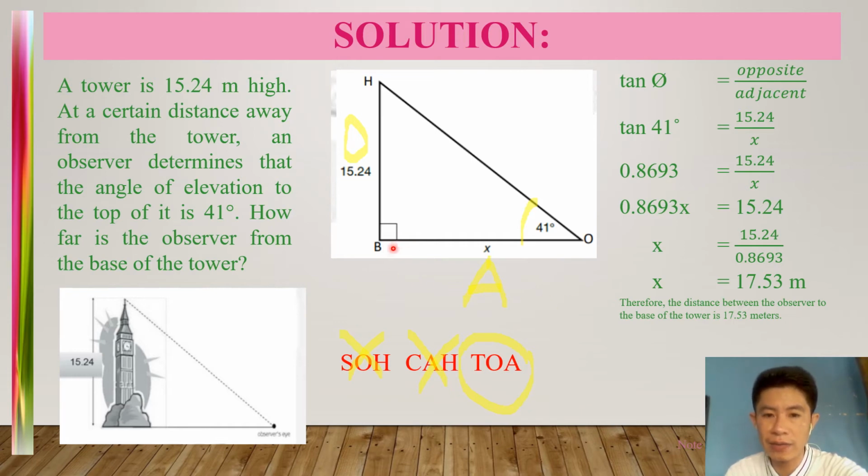So the value of x here is 17.53 meters, or the distance of the observer to the base of the tower is 17.53 meters. Okay, so don't forget to write your conclusion in your answer with proper units. So that is for example number 1.